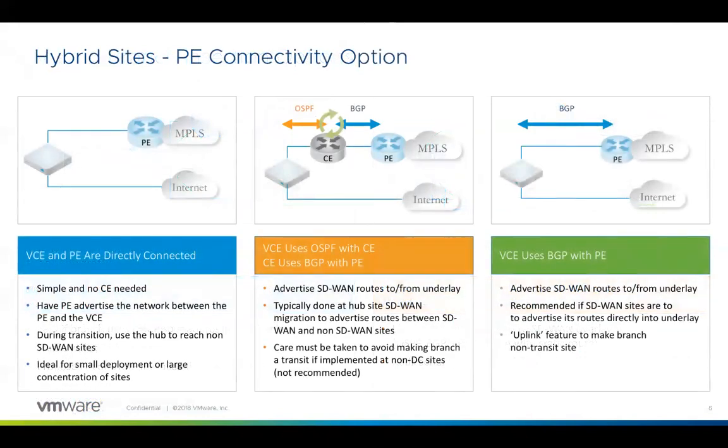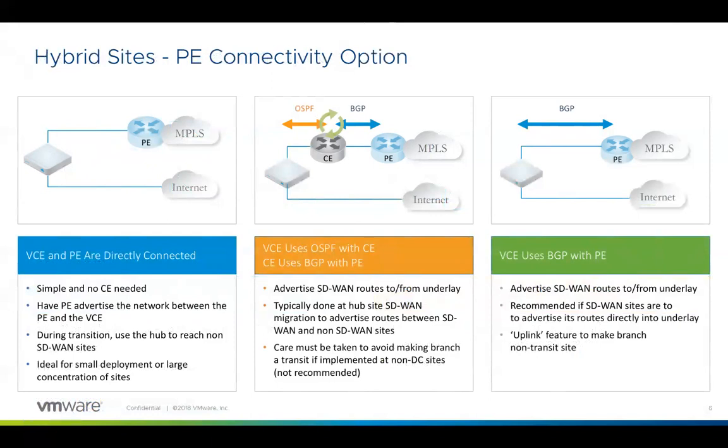Okay, so very quickly, for hybrid sites, there are really 3 connectivity options to the PE. The first one, on the left, is where we do not run any routing protocol between the edge and the PE, and we're simply using MPLS as a transport to establish the tunnels.